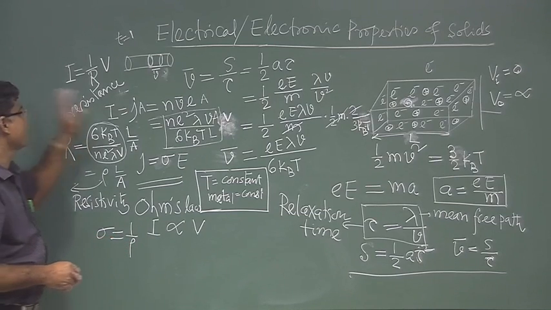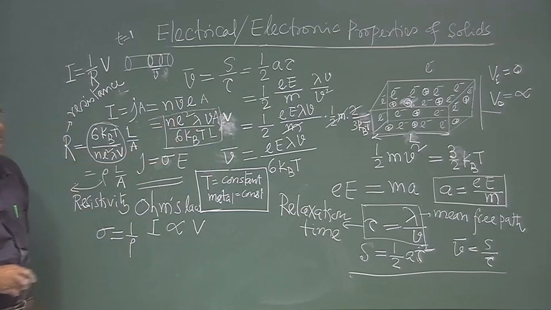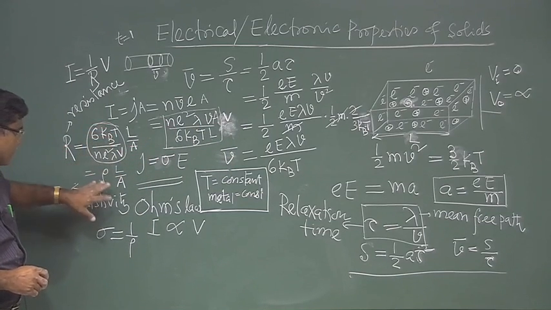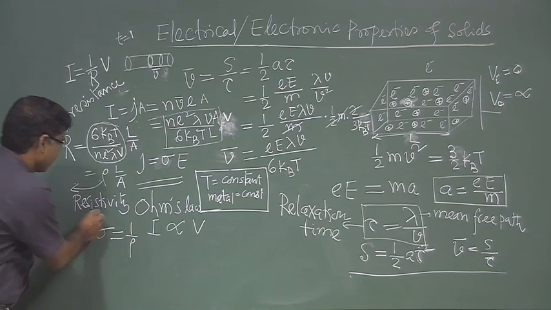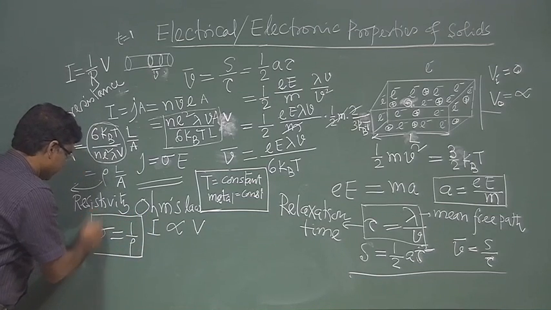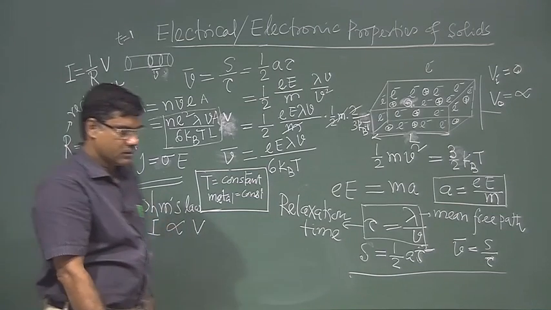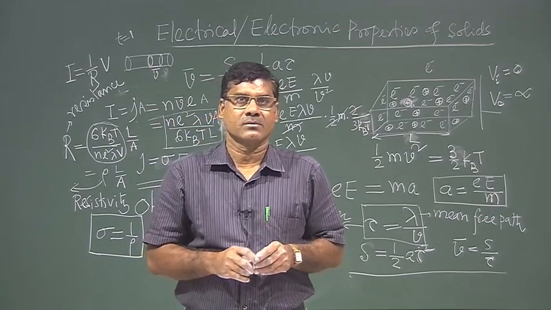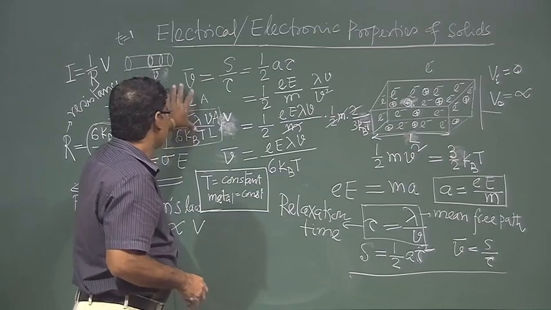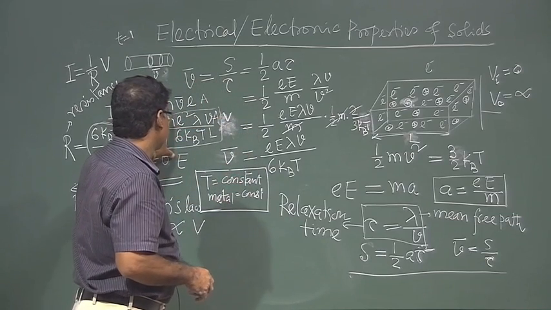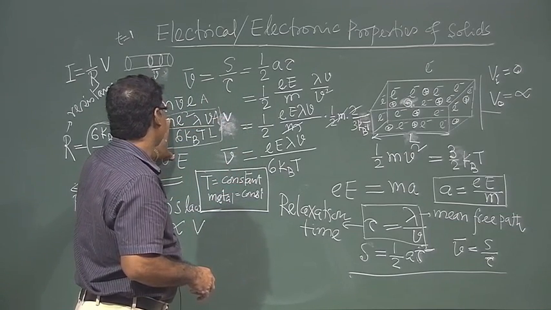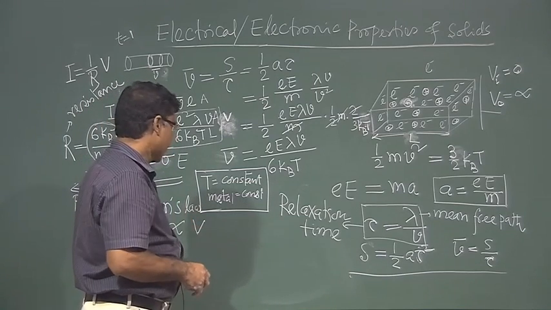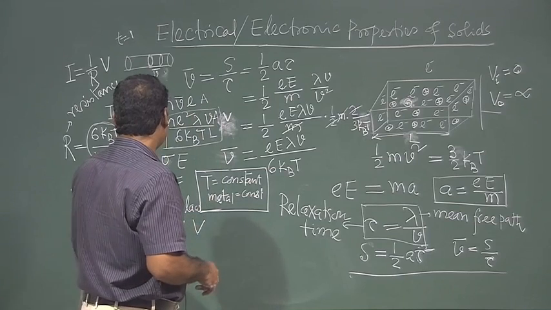So, before putting this A and L, whatever things were there, if you check, it will be just the inverse of this one. So, from the free electron model we could explain microscopically why metal follows Ohm's law, and from there everything we got.